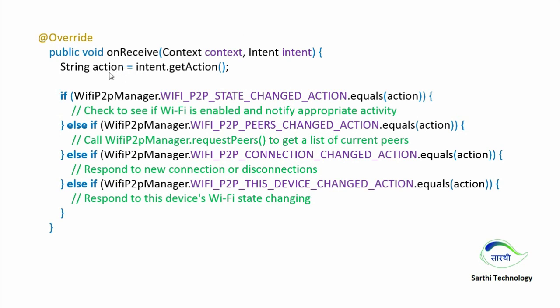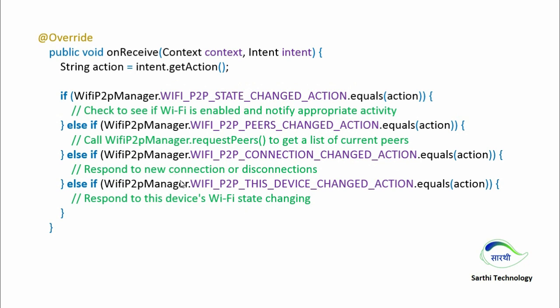So here, if WifiP2pManager.WIFI_P2P_STATE_CHANGED_ACTION is equal to this action, we will do some stuff here. Same, else if the action is WIFI_P2P_PEERS_CHANGED_ACTION, we will do some stuff here. Same, if the action is WIFI_P2P_CONNECTION_CHANGED_ACTION, we will do it here, and same for the next.